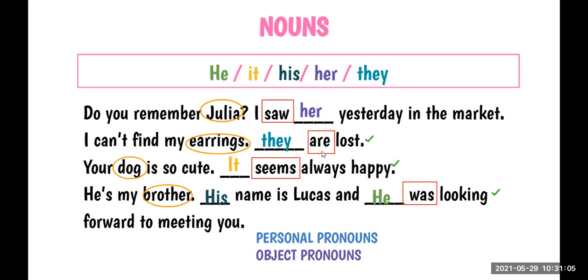That's why the verb is after, okay? And the object pronoun is the one who receives the action. So that's why it is after the verb. So this is the difference.